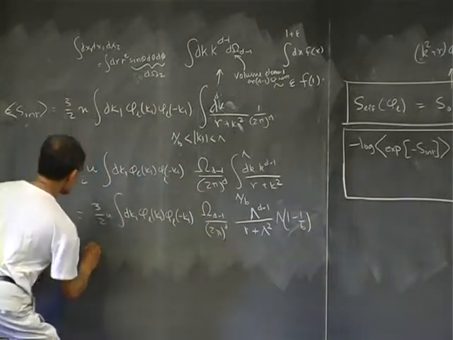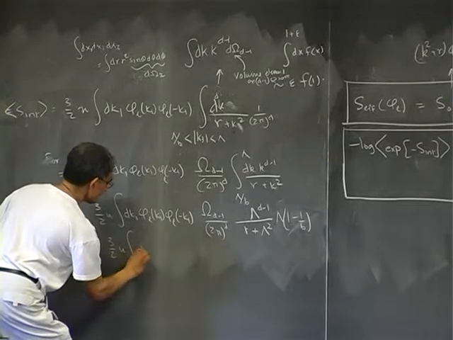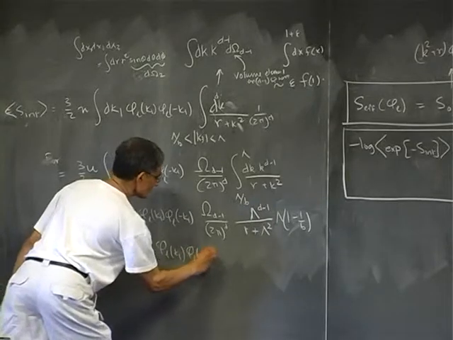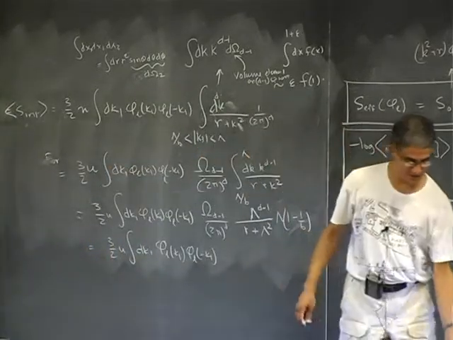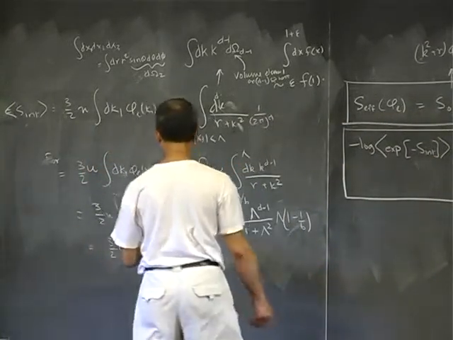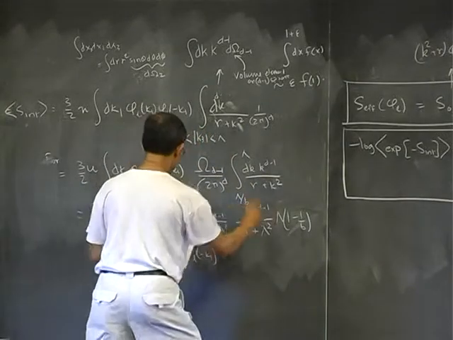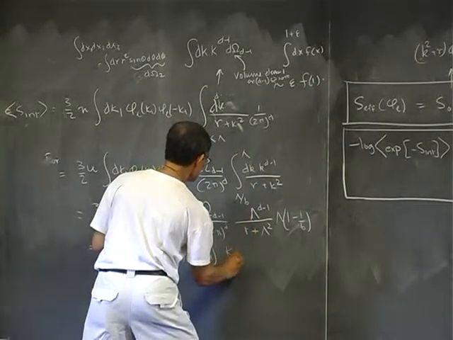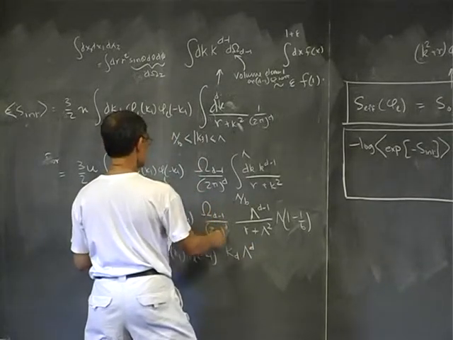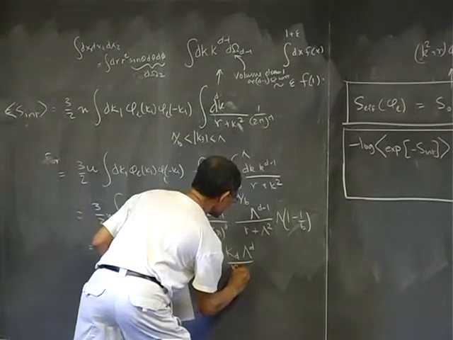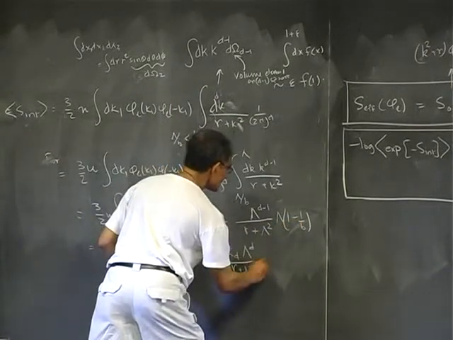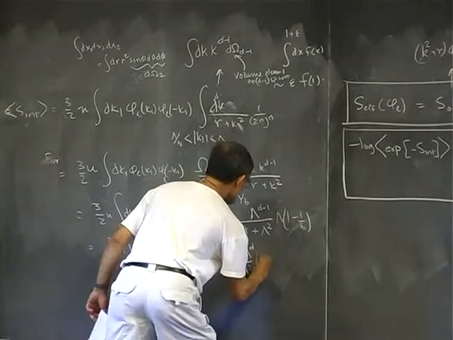So at the end of the day, this is 3 by 2 u, and what was the answer? I'll call this some constant and lump it into, I'll call it Kd, lambda to the power d. Kd contains pi, this thing, that thing, and all that. But what is important is this factor r by lambda squared, and b is close to 1, times 1 minus 1 upon b.